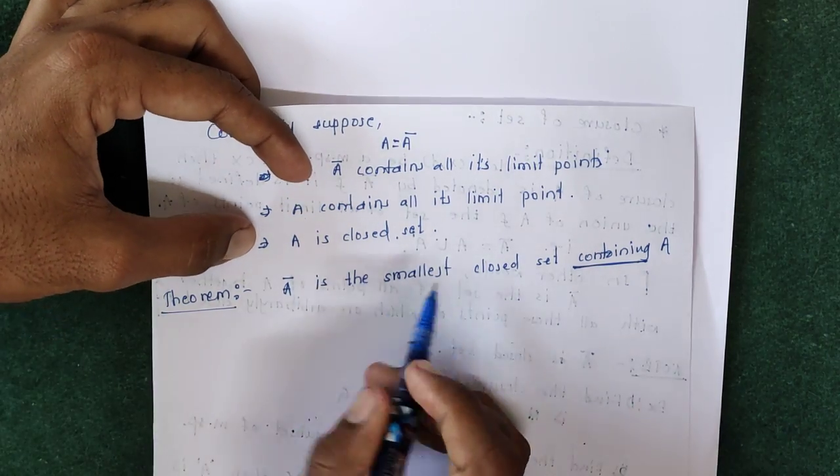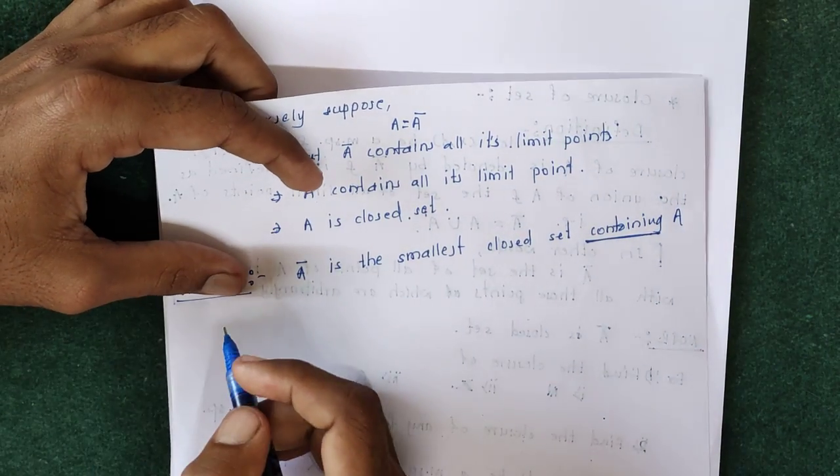We have to prove that A closure is the smallest closed set containing A.